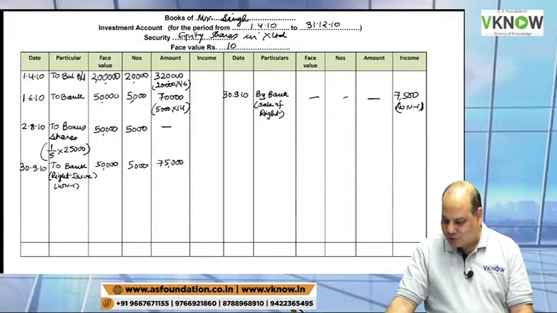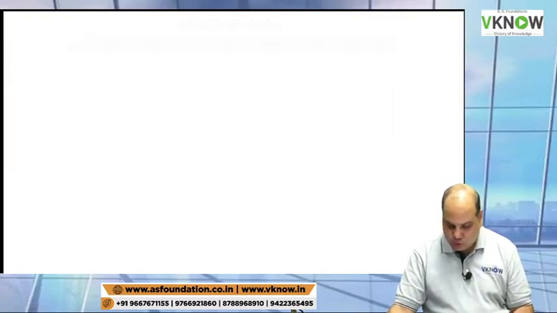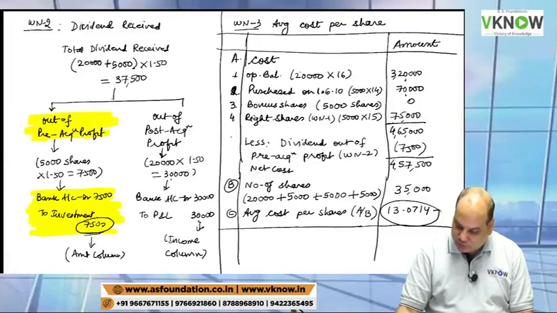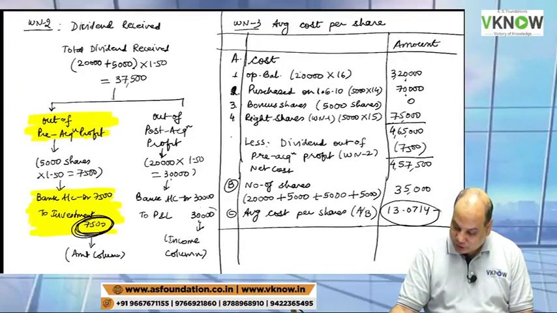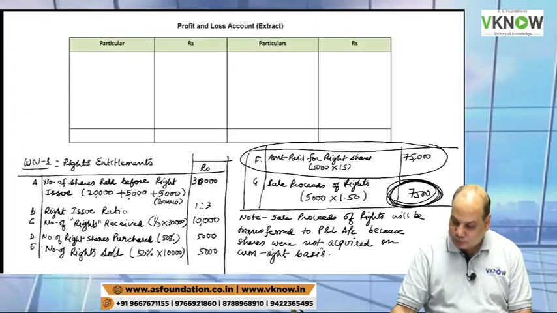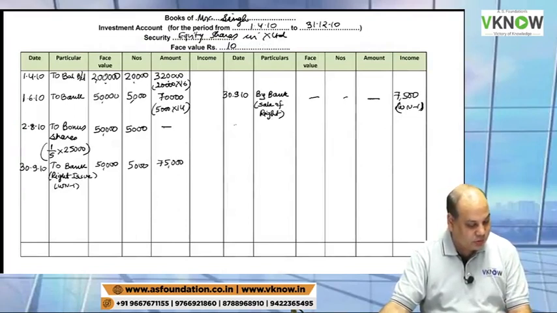So now what is the next issue? Dividend. For dividend we have to go to working note number 2 on the screen. 7,500 on the left side is out of pre-acquisition and 30,000 is out of post. So I will write here, dividend was received on 20th October.